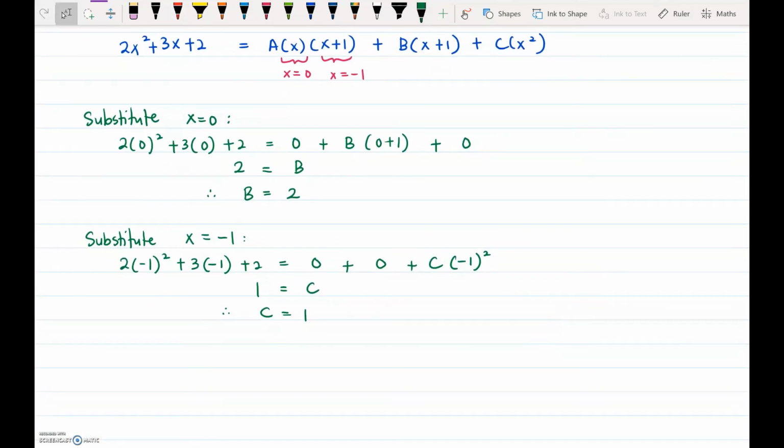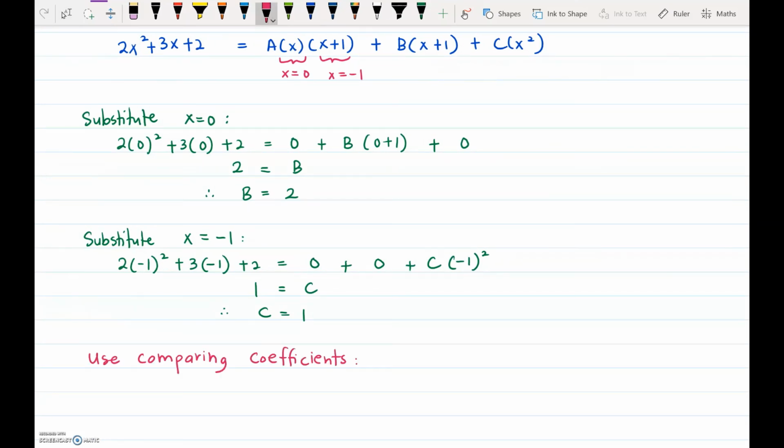Let's see how to use comparing coefficients. To use comparing coefficients, we don't have to substitute the value of x, but we need to substitute the values of b and c in your equation here.